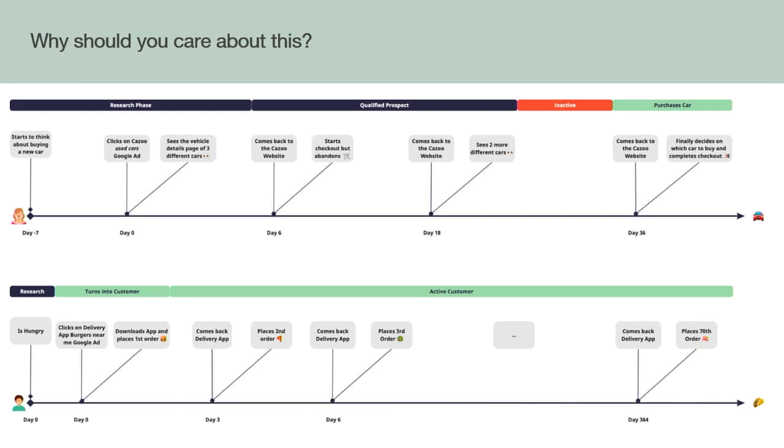But actually, the value of a customer that places an order can be completely different from another customer that also places an order on the first day. Maybe one customer is just in your app to use a discount code and never comes back, whereas the other will place 75 orders across the period of a year, let's say.